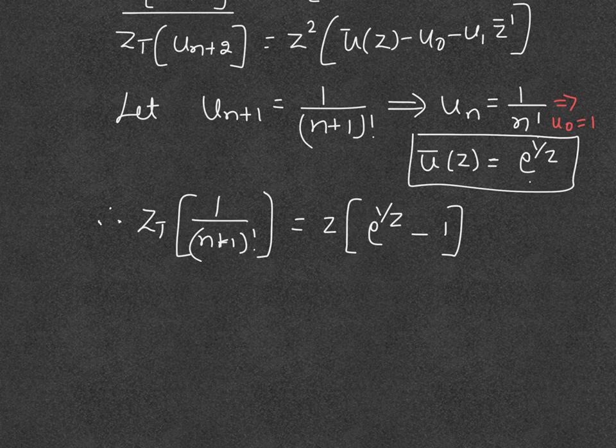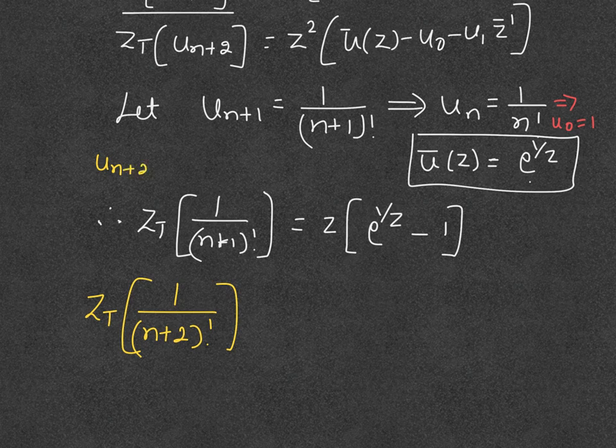So similarly, z transform of 1 by (n plus 2) factorial. If you take u(n plus 2) is 1 by (n plus 2) factorial, then un is 1 by n factorial, then u bar z is e power 1 by z.